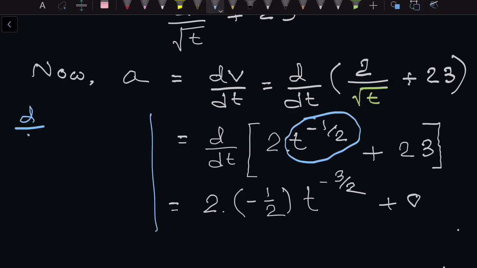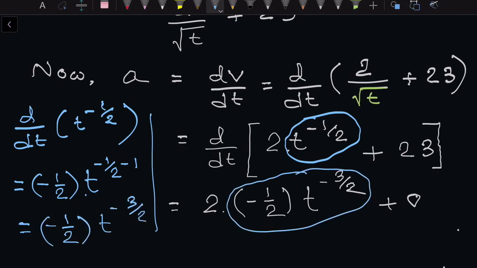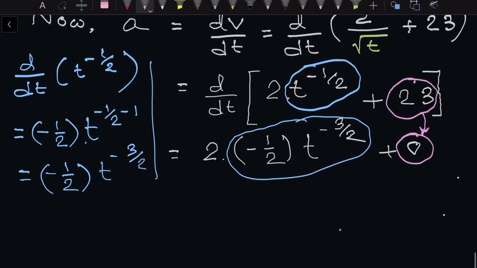See this, half comes first, then the power of t decreases by 1. So minus half into t to the power minus 3 by 2. That's why it became like this. I think you understand. And 23 differentiation is 0 being a constant. We did it earlier.